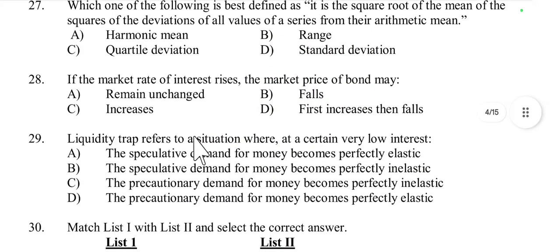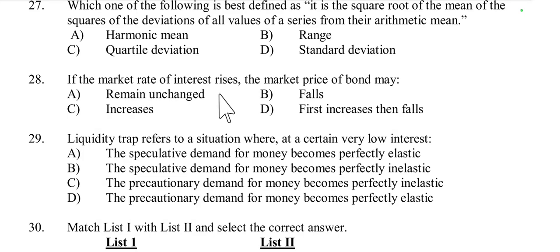Then question number 28. If the market rate of interest rises, the market price of bond may dash. When the market rate of interest rises, the market price for bond falls. Rate of interest and bond have a negative relation between these two concepts.